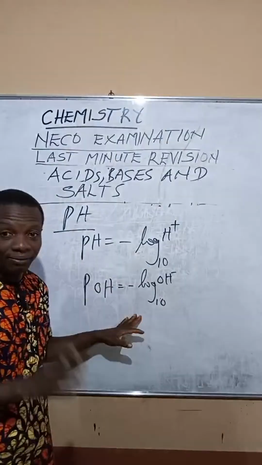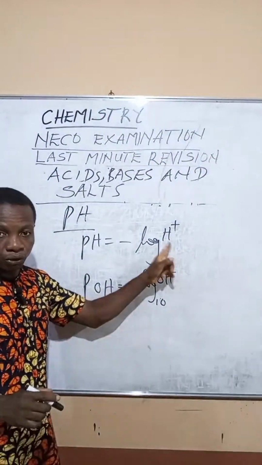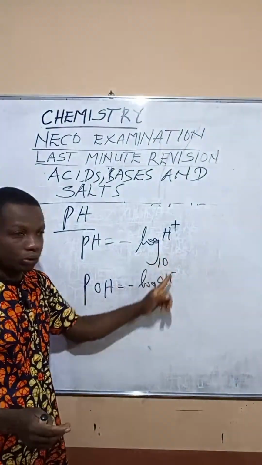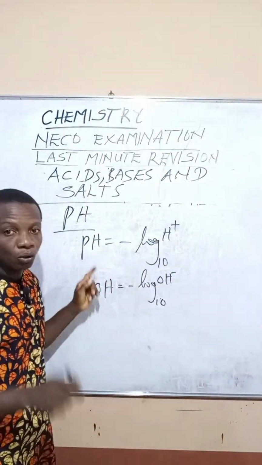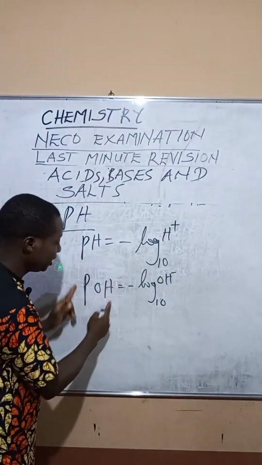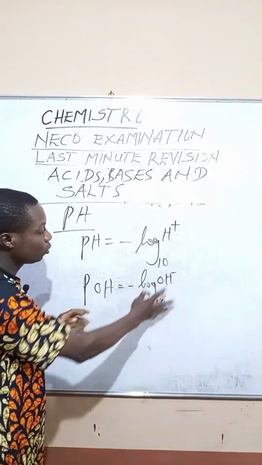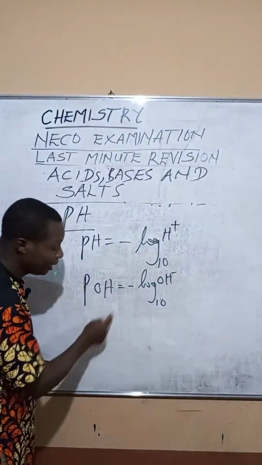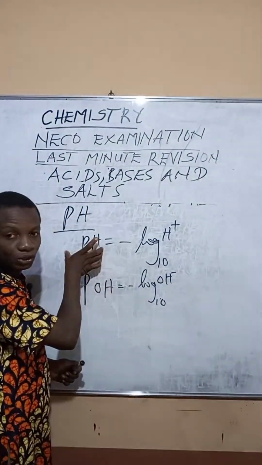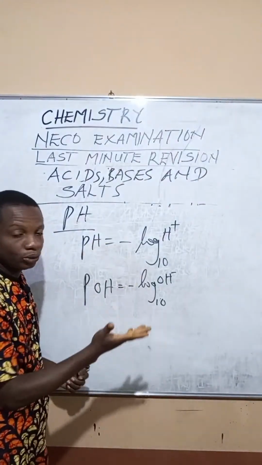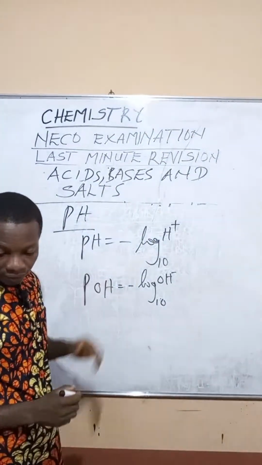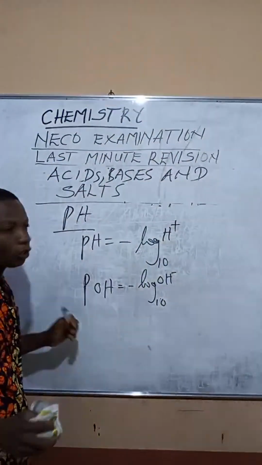You may be given the hydrogen ion concentration in molarity, then told to find the pH, or sometimes you are given pOH and told to find pH. Yes, you can actually do that. So all of these are what you are going to focus on.